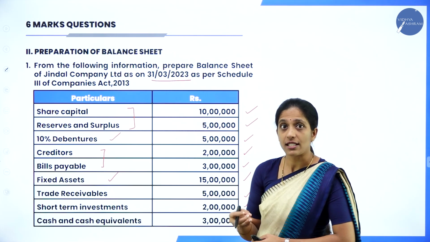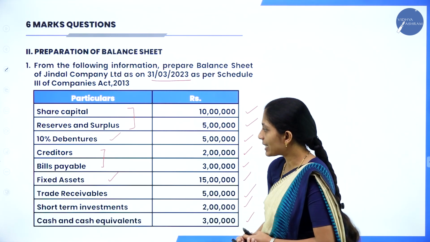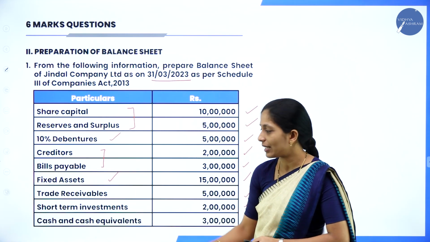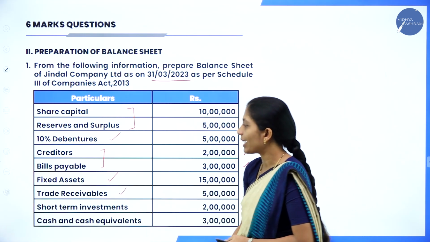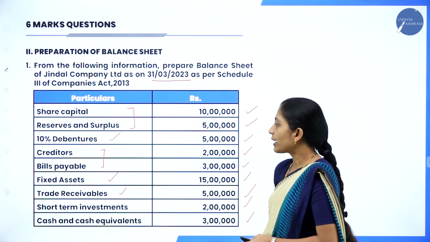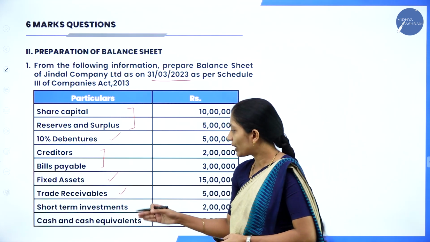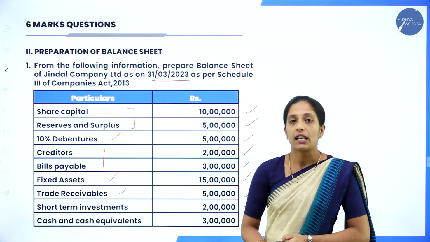Under that, we have fixed assets. This fixed asset comes under the heading non-current assets. Trade receivables and short-term investments are current, even the cash and cash equivalents. So trade receivables you have to show under current assets. Short-term investments also come under current assets, and cash and cash equivalents have to be recorded under current assets.